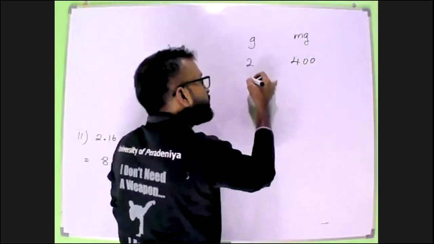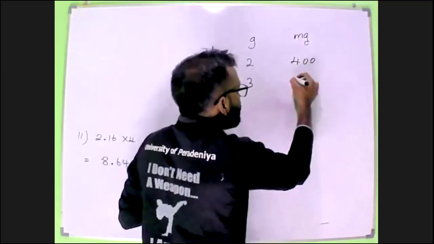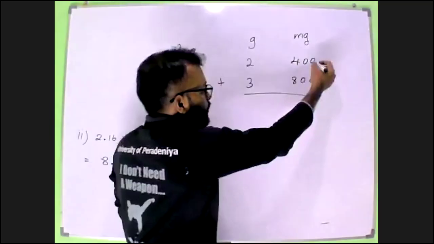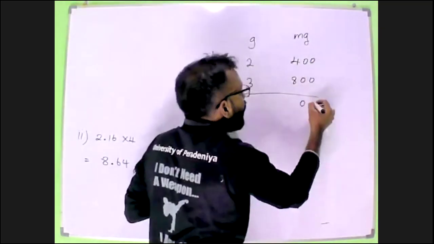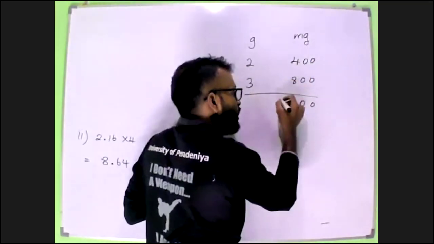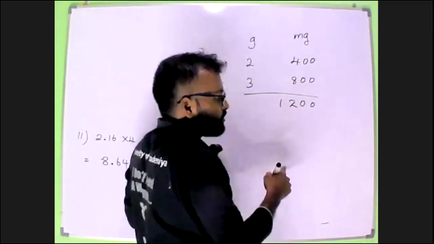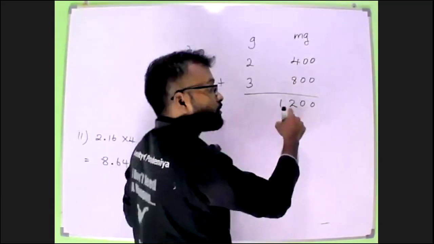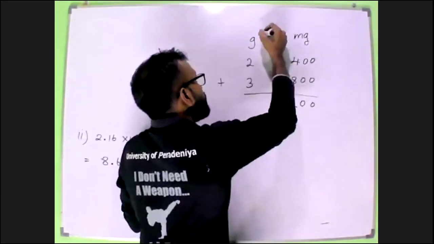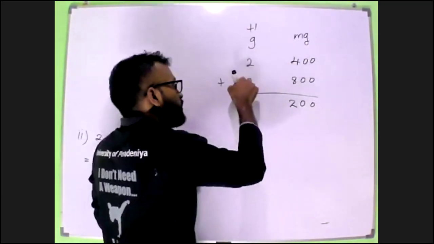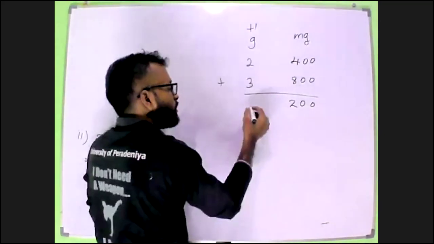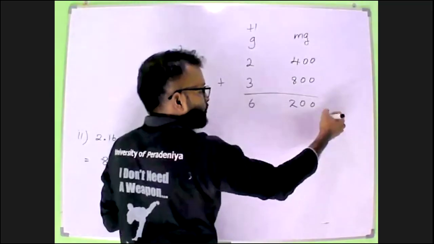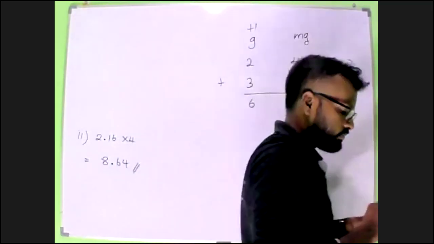So you have it very easy. 3 and 800 milligrams. Right? So you have to add 0, 0, 4 plus 8, 12. So this is the additional one. So 1200 milligrams, which is 1 gram and 200 milligrams. Take this one to this side. Plus 1. 3 plus 2, 5 plus 1, 6. 6 grams and 200 milligrams. So this should be the answer.